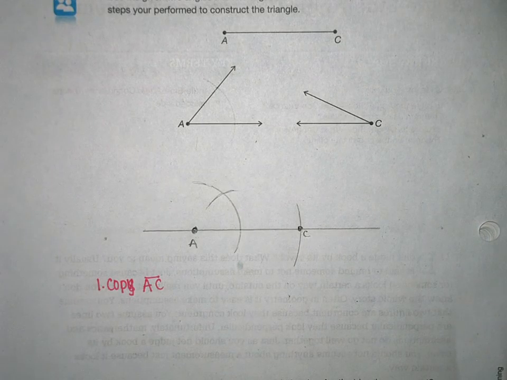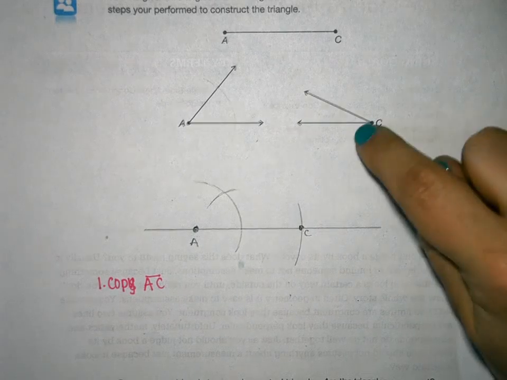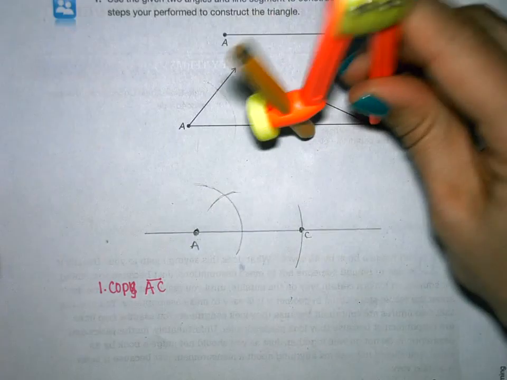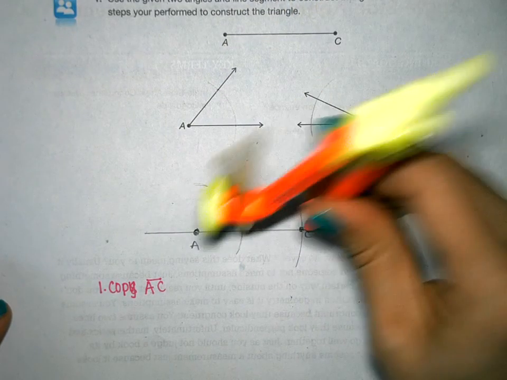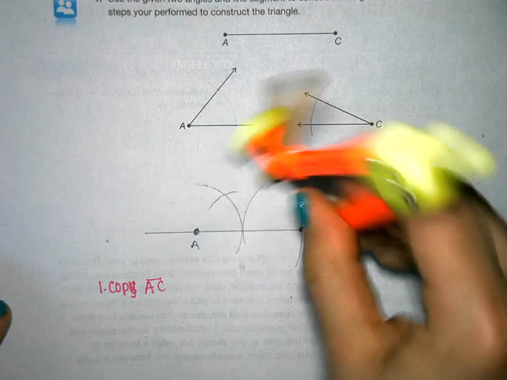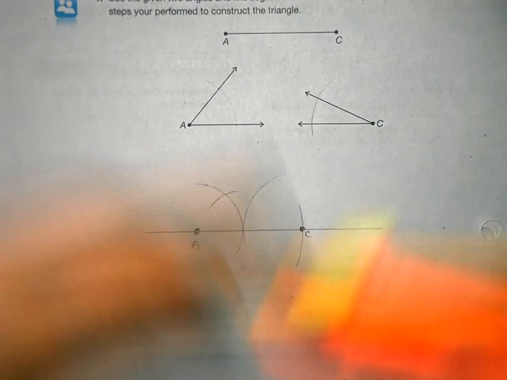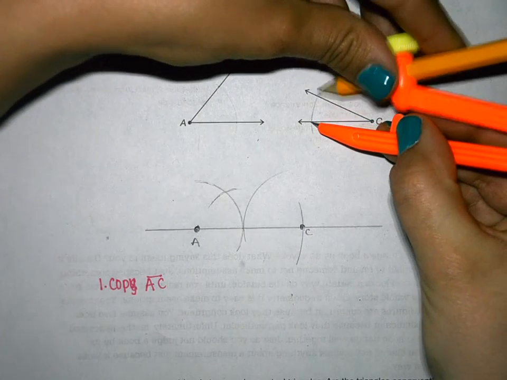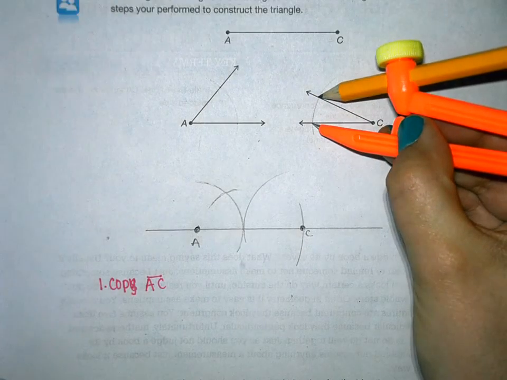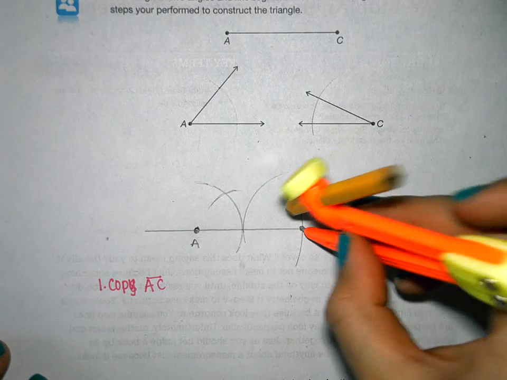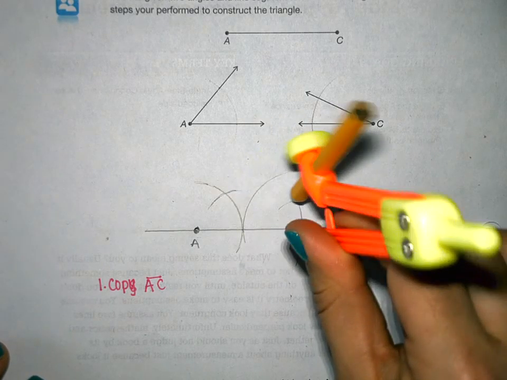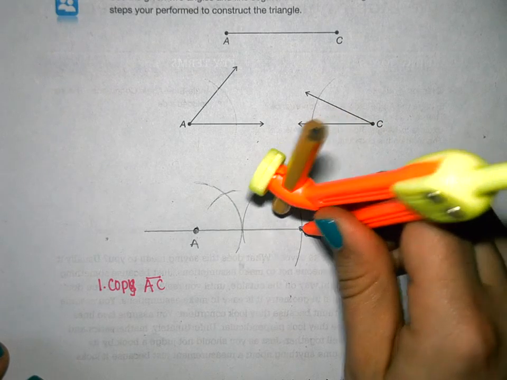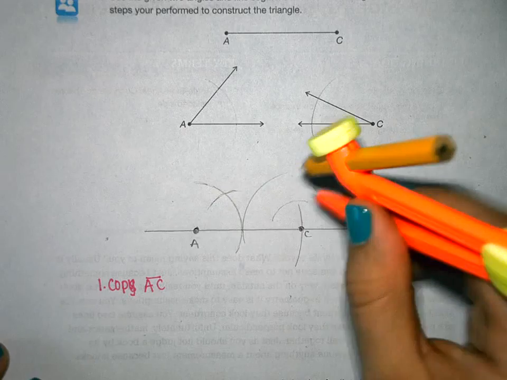Now, I need to make sure that this lines up with angle C. So I'm going to do the exact same thing before I draw the point to angle C. So I'm going to draw an arc that goes through the legs and then do the same thing on endpoint C. And then I'm going to match the distance on angle C and draw a second arc through there, using this endpoint.